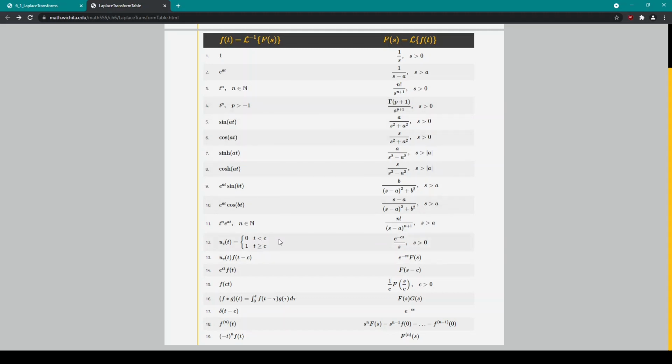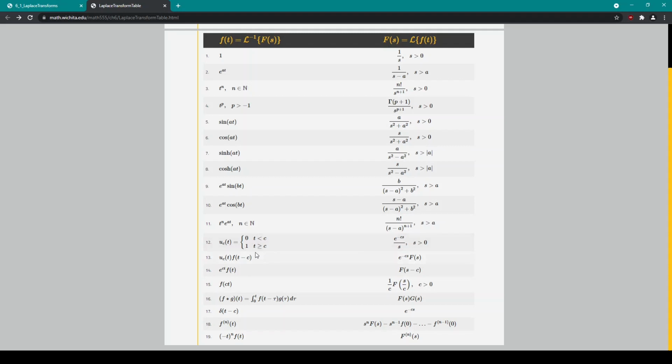Moving further down the list, the one that the student was asking about was number 13, right? This formula is connected to the formula on the line above it. We see that this u sub c of t looks kind of like the thing we were just talking about, a function that jumps down to 0. This function starts out at 0 and jumps up to 1, but it's more or less the same thing.